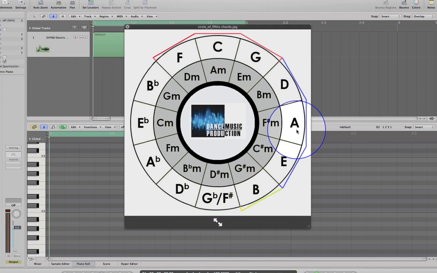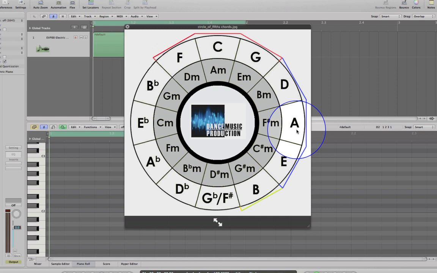So use the circle by all means, but don't forgo the previous DVD. You'll find that you will generate much more interesting chords if you follow the technique in the previous DVD rather than just sit here with the circle of fifths and trust that. Use a mix of both together, and that's how you come up with good chord progressions.